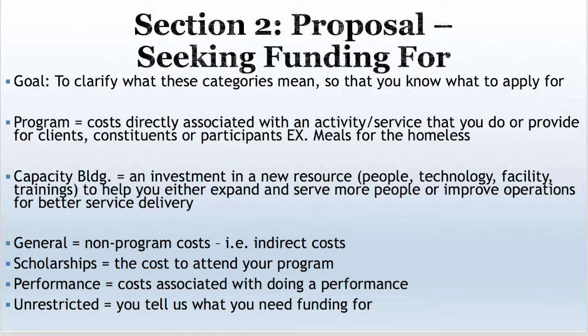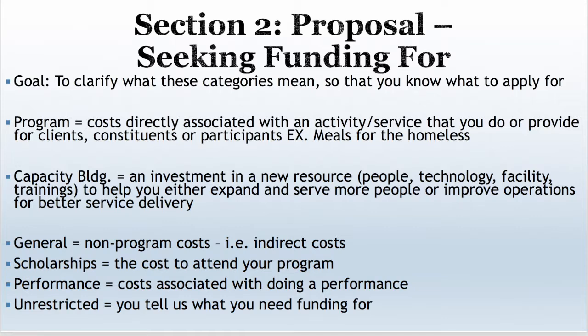The stipulation with that is that you have to identify either an organizational or a programmatic need for which you need funding. If you choose unrestricted funding, that's fabulous, but you will have to justify why and give us multiple potential possibilities on how you want to spend the money to address solving your identified need.